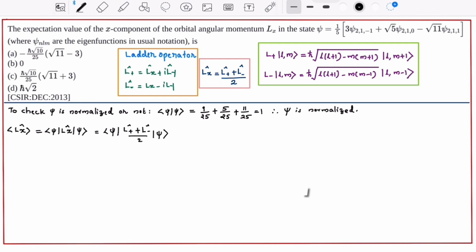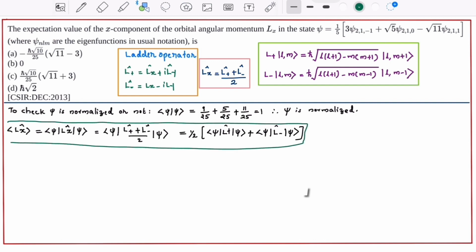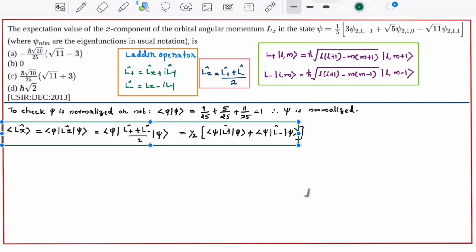This is equal to 1 by 2 into, within bracket, the expectation value of L plus, plus the expectation value of L minus. Now let us separately evaluate what is the expectation value of L plus and what is the expectation value of L minus. This is the formula to find out the expectation value of Lx.